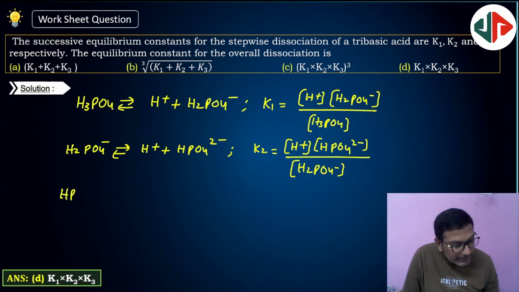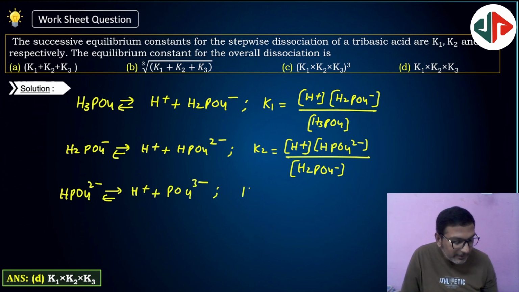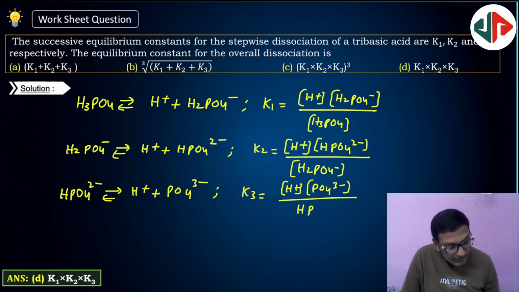Next, HPO4 2 minus gives H plus and PO4 3 minus. For this K3 will be equal to H plus into PO4 3 minus by HPO4 2 minus.